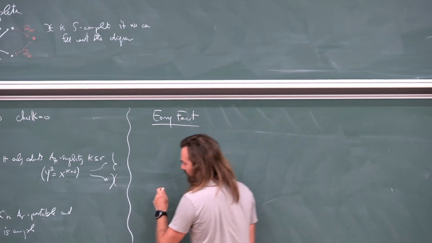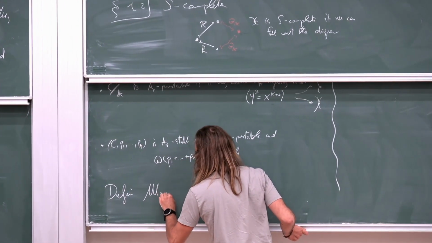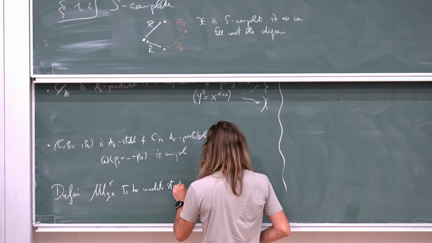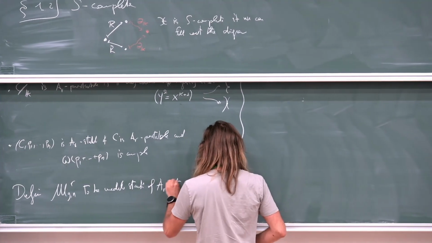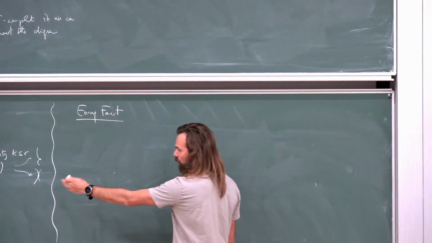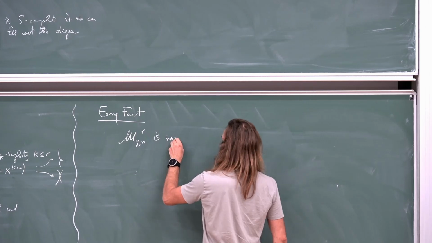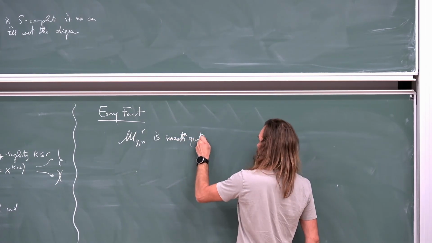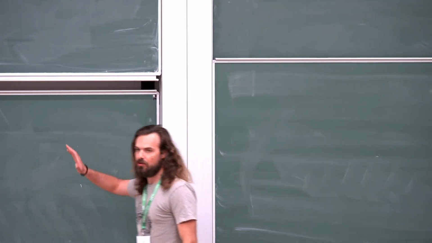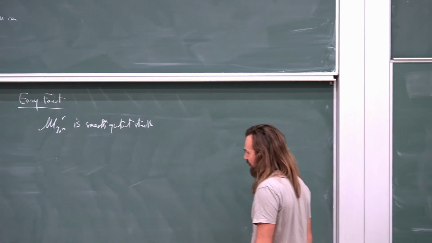We define M_{g,n}^r to be the moduli stack of such curves, and the very easy fact to prove with this definition is that M_{g,n}^r is a smooth quotient stack. It's the usual thing that you do for stable curves: you just use the Hilbert scheme approach to prove this fact.